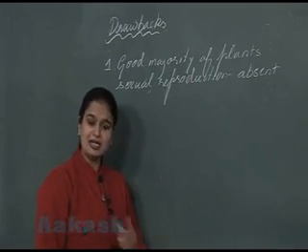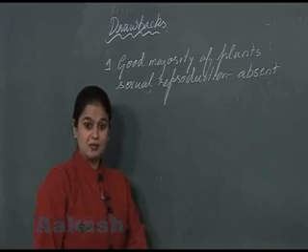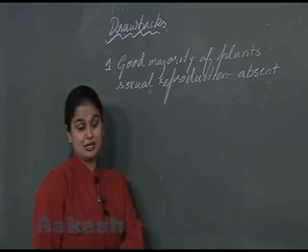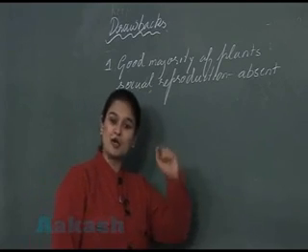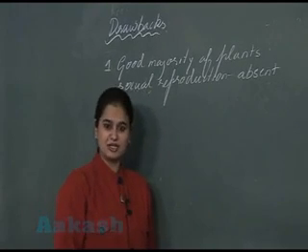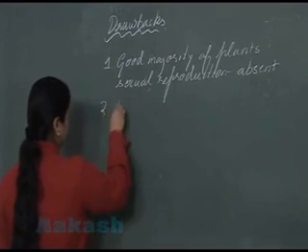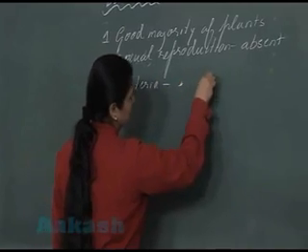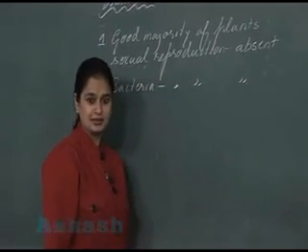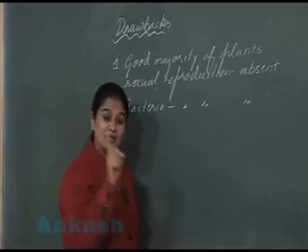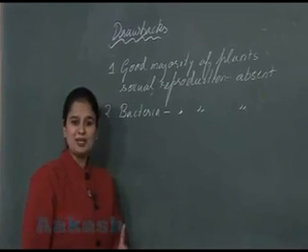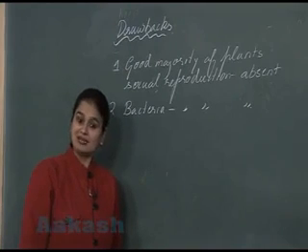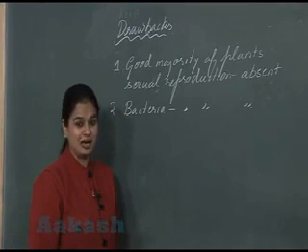Same is the case with bacteria. In bacteria, asexual reproduction is present, but the true form of sexual reproduction is absent. So again, this concept cannot be utilized for classification of bacteria. Bacteria cannot be classified on the basis of the biological species concept because in bacteria, sexual reproduction is absent.